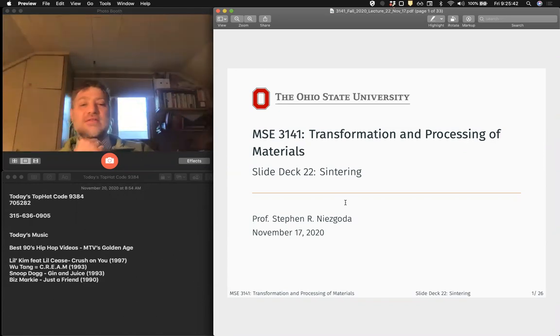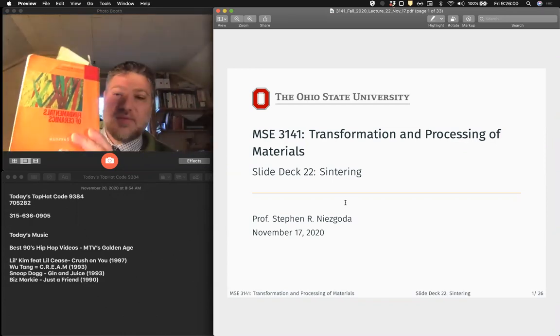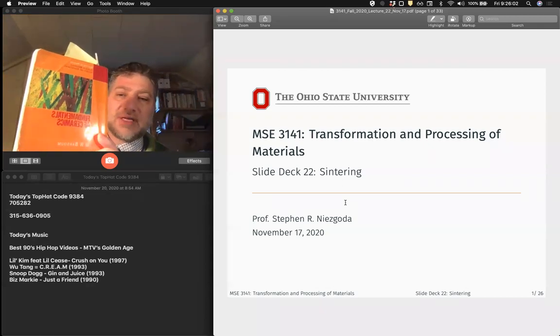Okay, so let's go through some new science. Today I want to talk about sintering. There's going to be some reading going up, and the reading is from this book, Fundamentals of Ceramics.